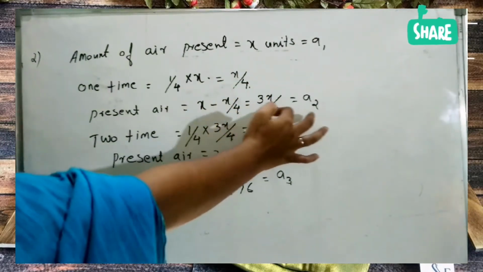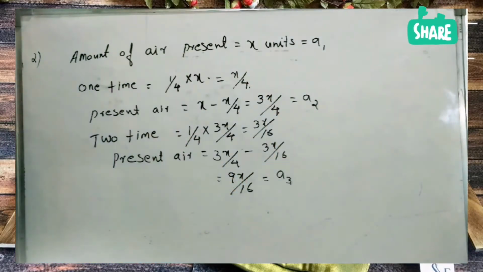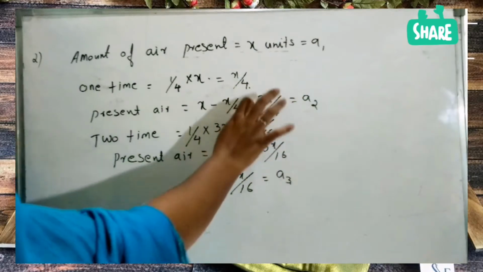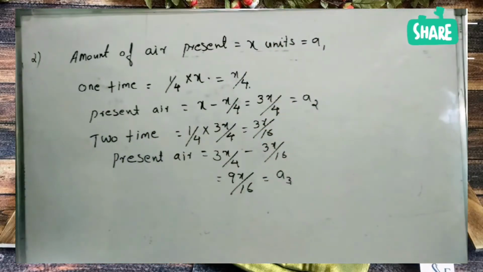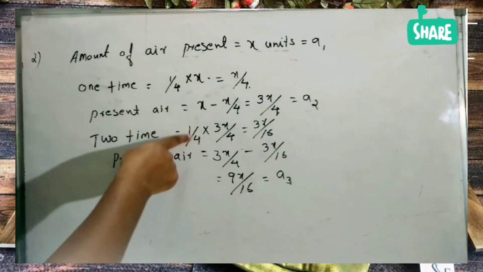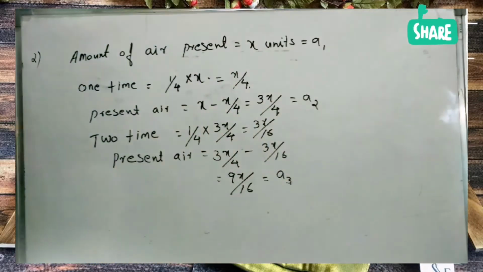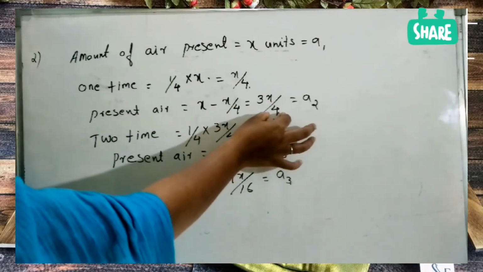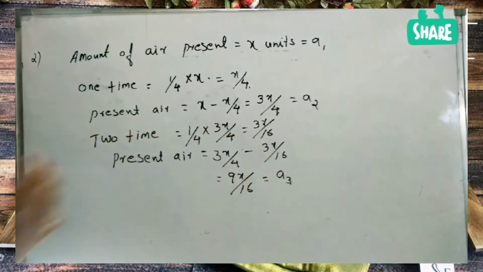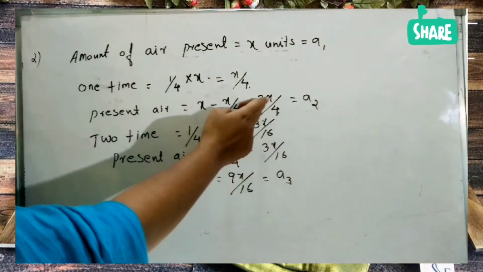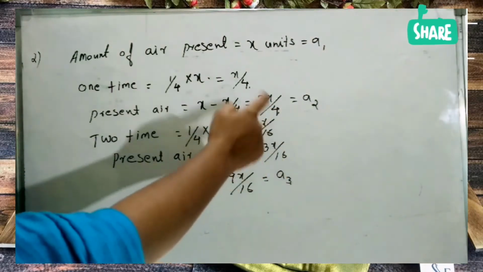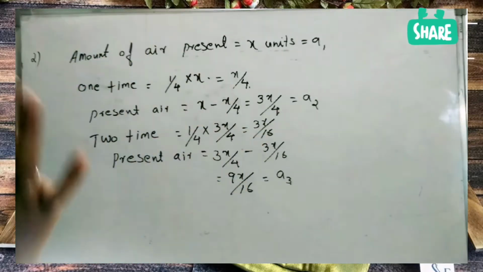Then the present air is 3x by 4. Now we have this much air in the cylinder. Again we use the vacuum pump to remove 1 by 4 of the air present. 1 by 4 of that value is 3x by 16. From this 3x by 4 units, we removed 3x by 16 units.